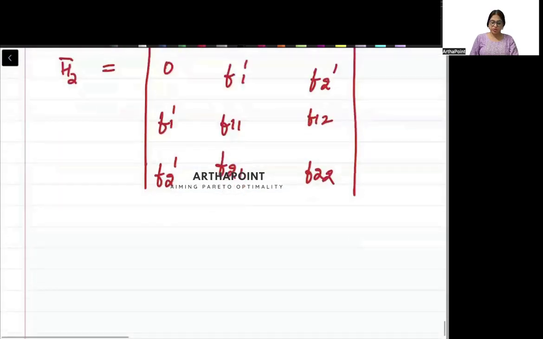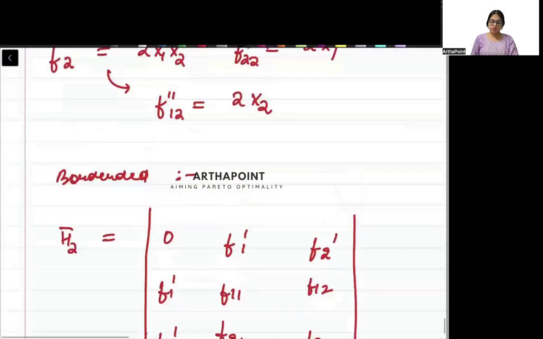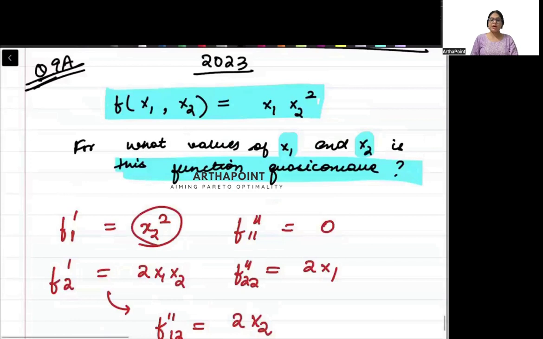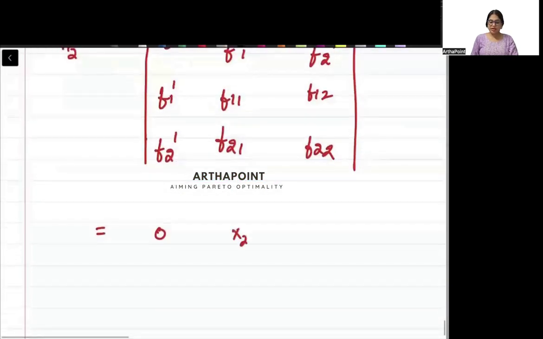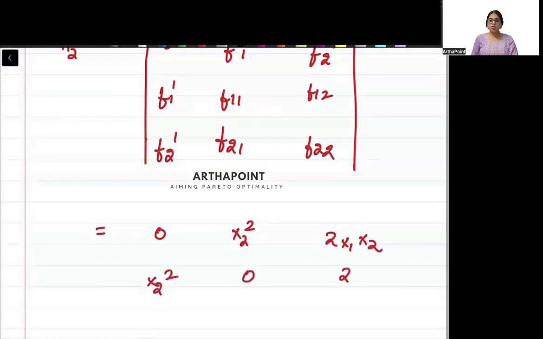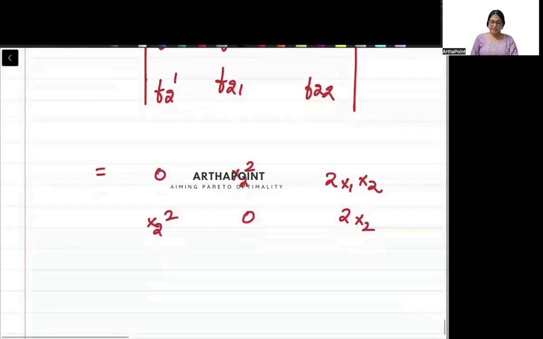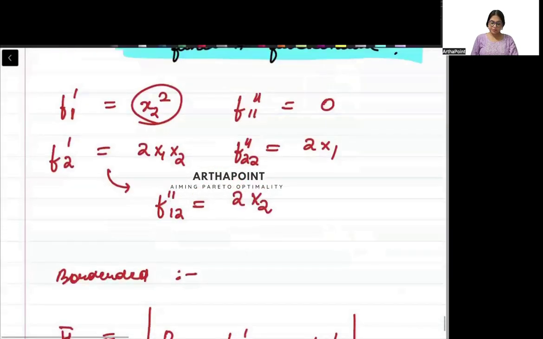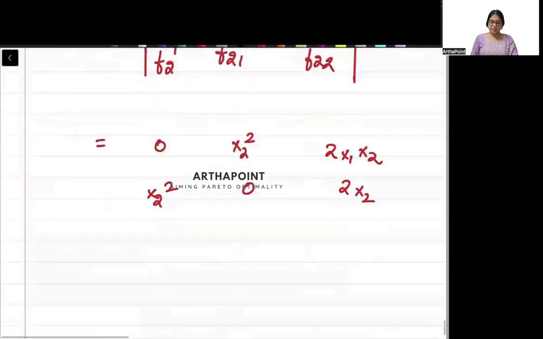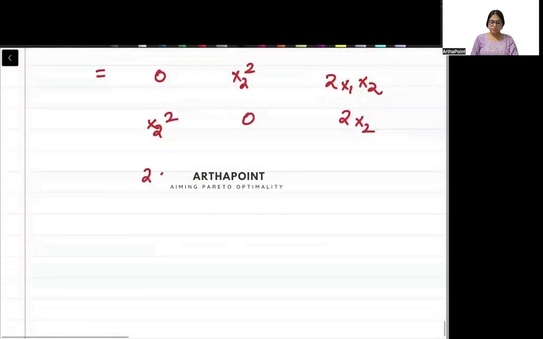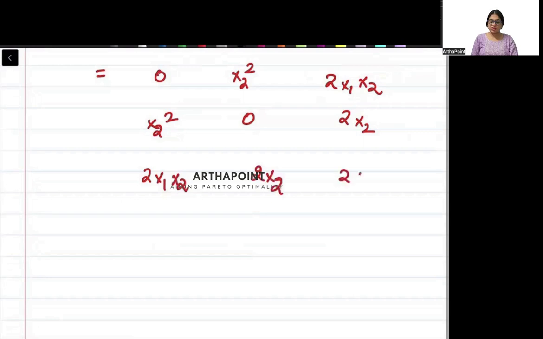If I just put these values, I will get 0. So first order differentiation was x2 square. So I will get x2 square, 2x1x2, x2 square, 0, 2x2. And here I will get 2x1x2. And 2x2 and 2x1.